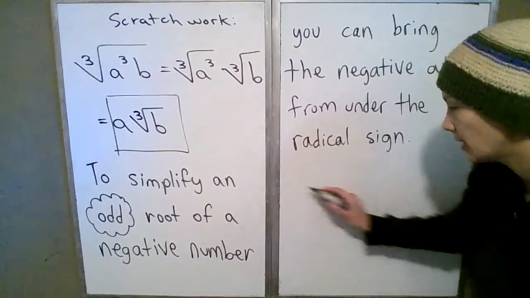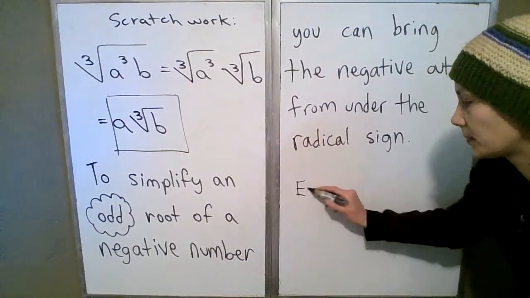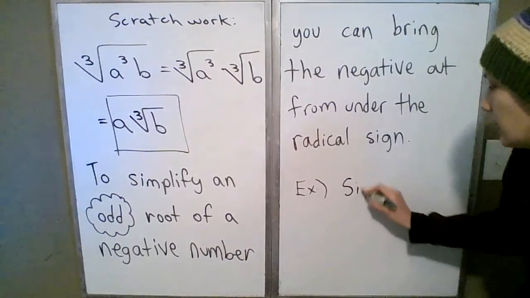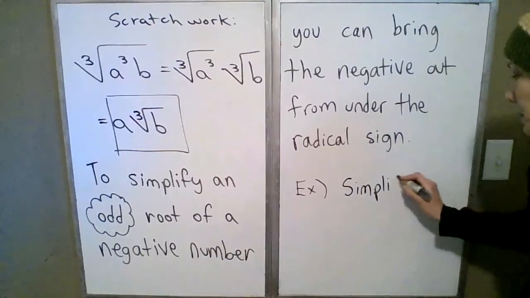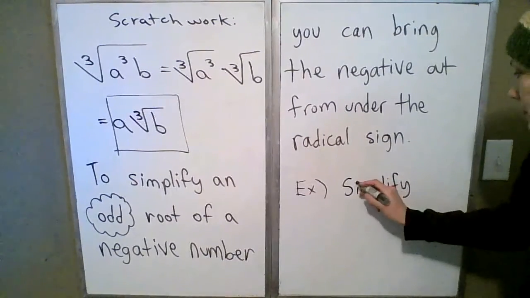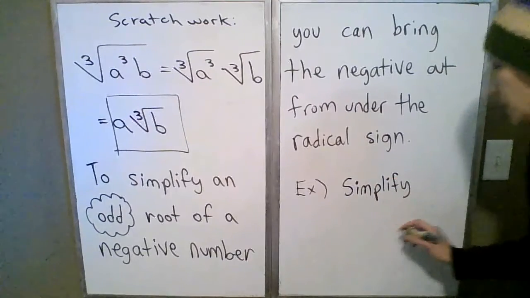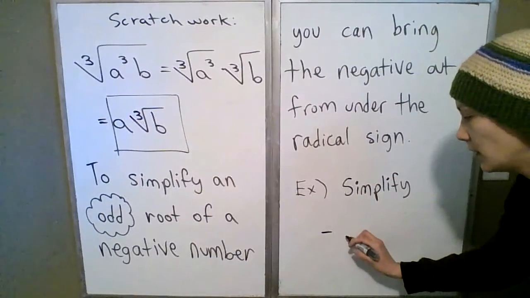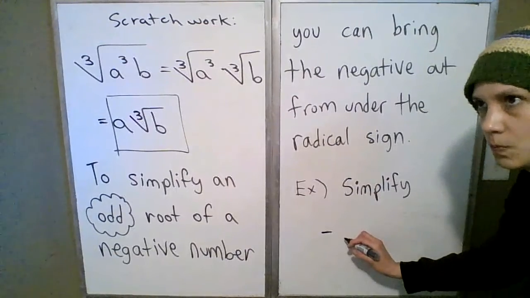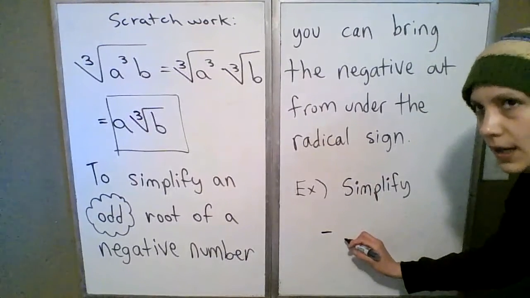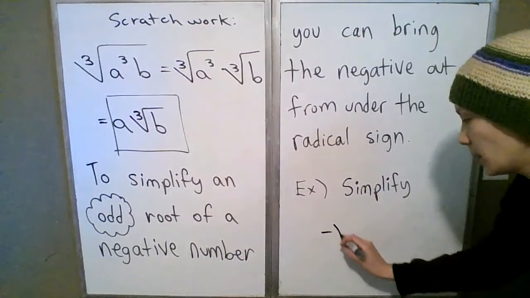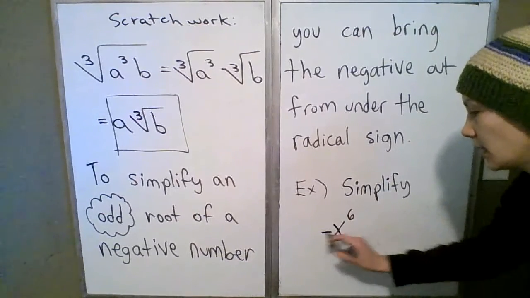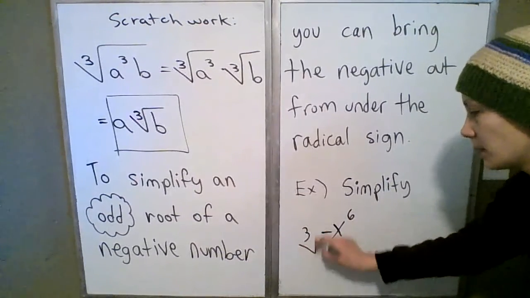We're going to do an example like this. We'll do a negative x cubed. How about x to the 6th? And then we'll do a cubed root of that.